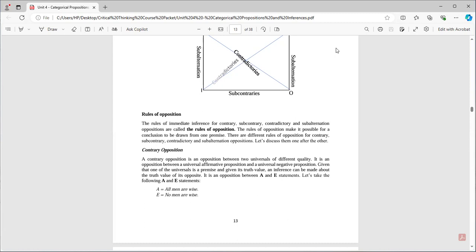When you are done with this, you move to the next leg of assumptions. The second is to assume that the premise is true. We said truth value means whether a statement is true or false. So if the premise is assumed to be true, what will be the truth value of your conclusion?